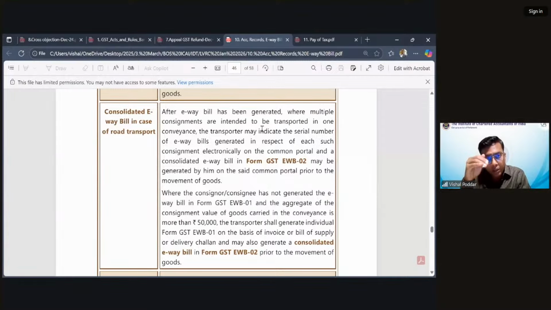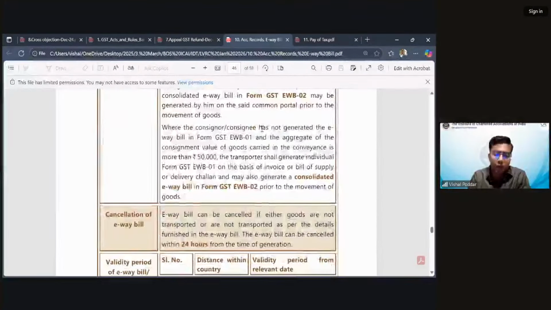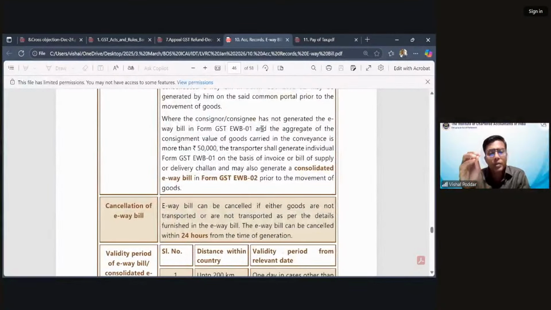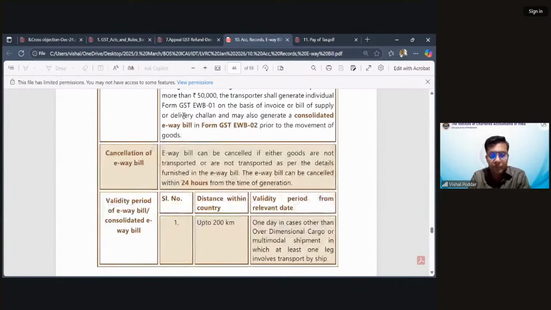But if the total value of all consignments in the vehicle exceeds 50,000, it is the responsibility of the transporter to generate one consolidated e-way bill for all these consignments together. However, let me inform you, this consolidated e-way bill provision has right now not been notified, so it is not compulsory for transporters to prepare a consolidated e-way bill.